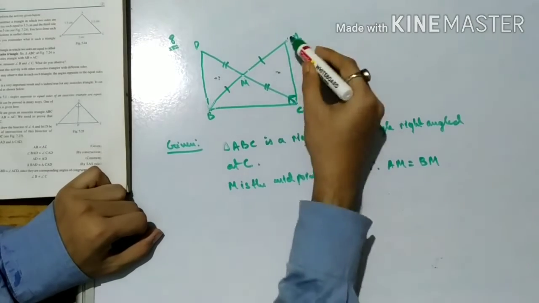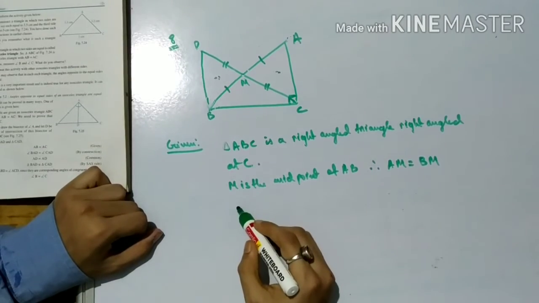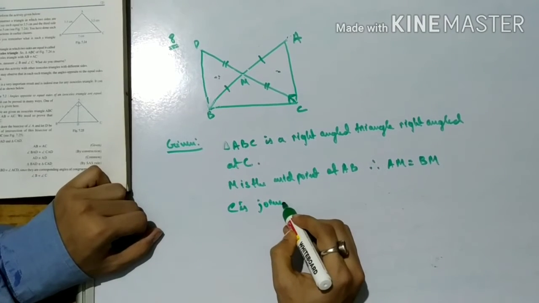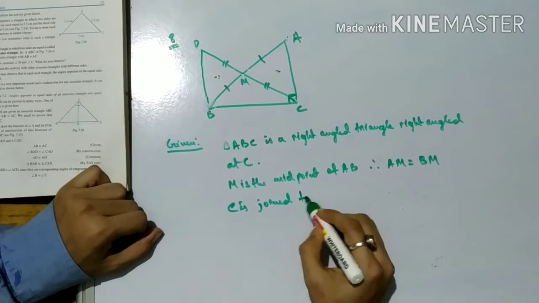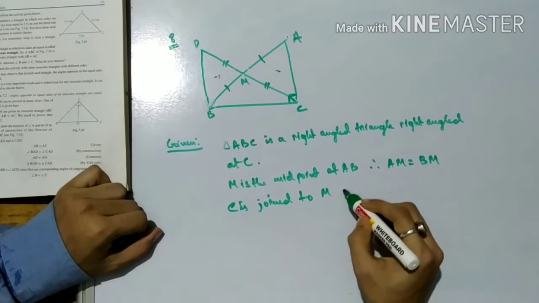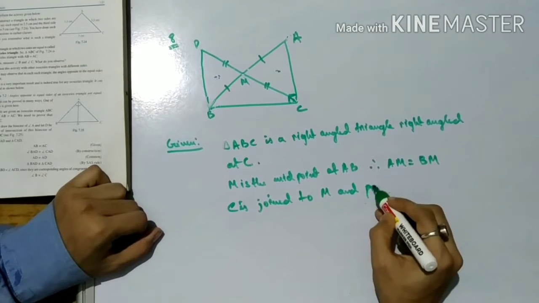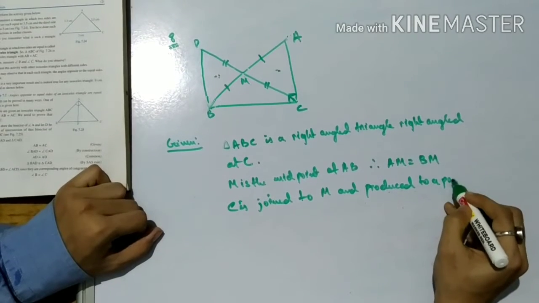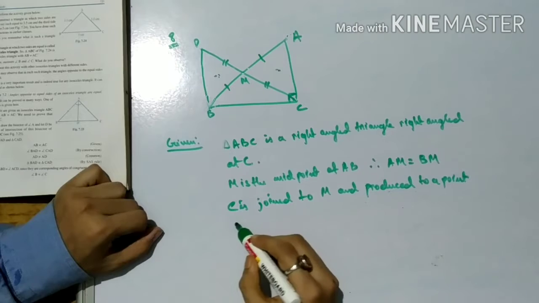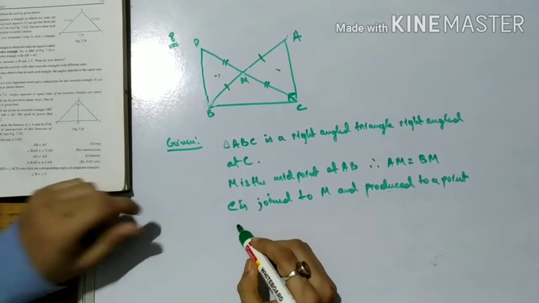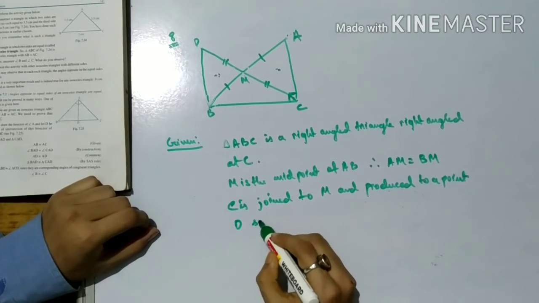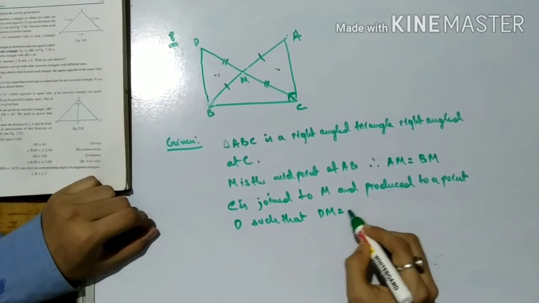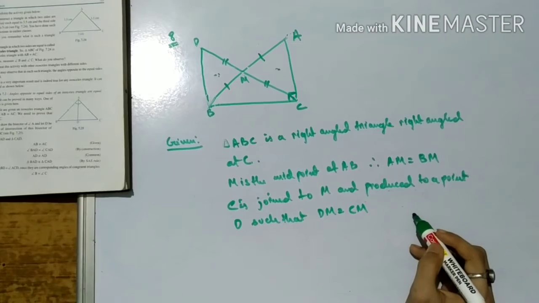And then C is joined to M and produced to a point D, such that DM is equal to CM.